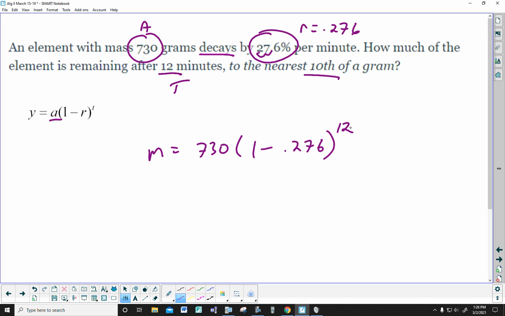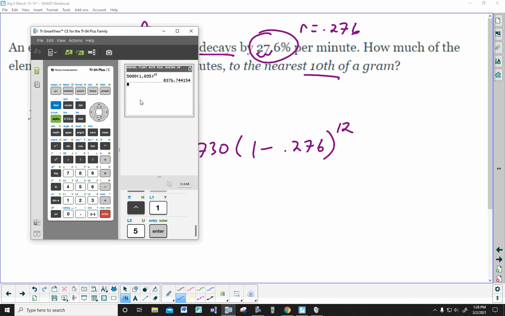Okay? So then you're just going to grab your calculator and type it in. So 730, parenthesis, 1 minus 0.276, close the parenthesis, raise it to the 12th.